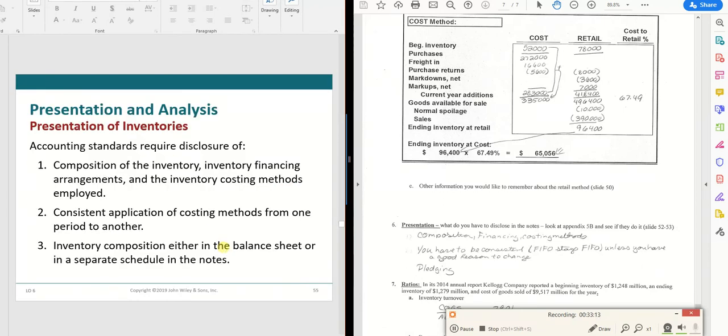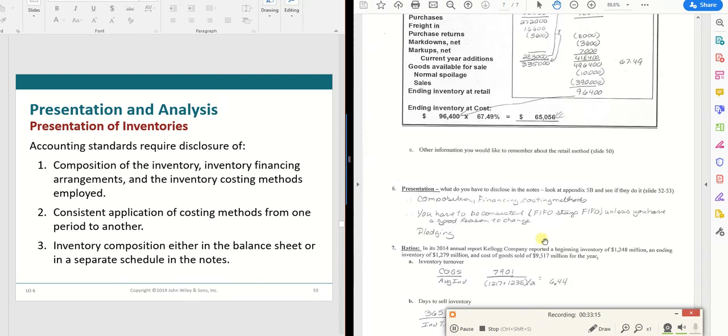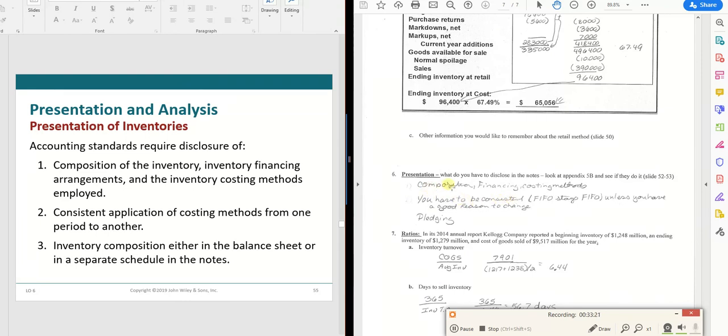how to explain and analyze inventory. Okay, so think about what you want to know in the financial statement notes. You want to know what inventory is composed of, what types of inventory you have. You also have to be consistent. Well, financing. Financing means is it used as collateral for a loan?